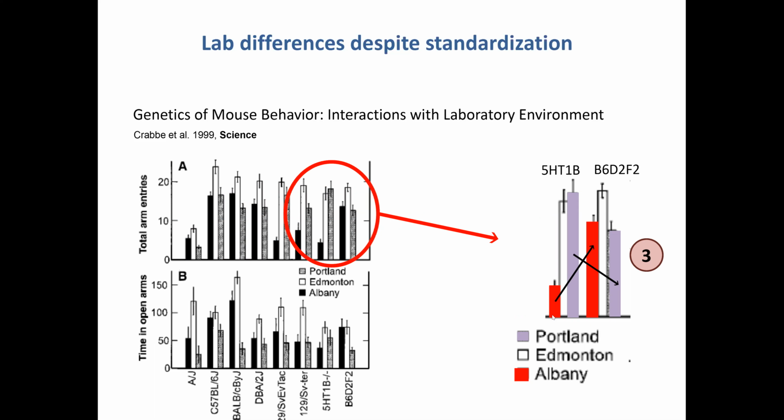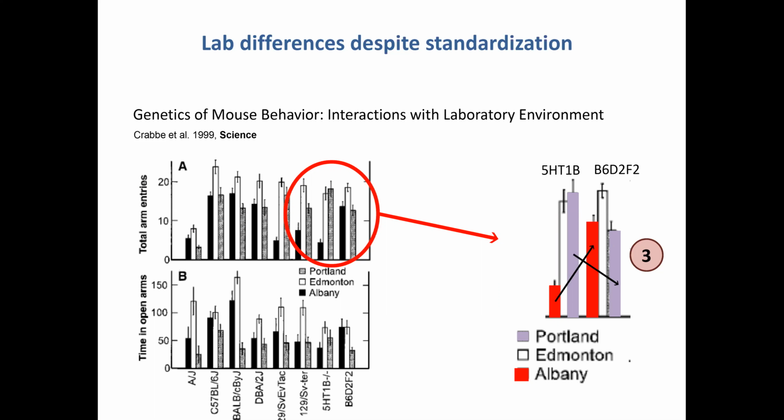If you look at, for example, these 2 strains, the 5HT and the B6D2F2, and you look at 2 labs, Portland and Albany, in one case you would basically conclude that the first strain shows less activity than the second strain, that would be in Albany, while in Portland you would come to exactly the opposite conclusion, saying that actually the 5HT is more active than the second strain.